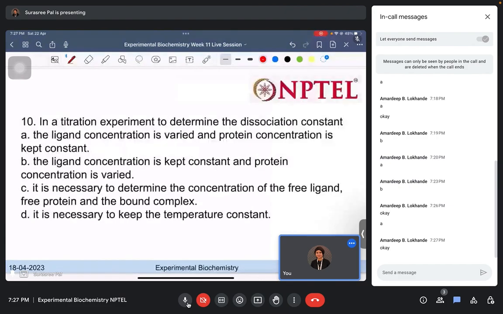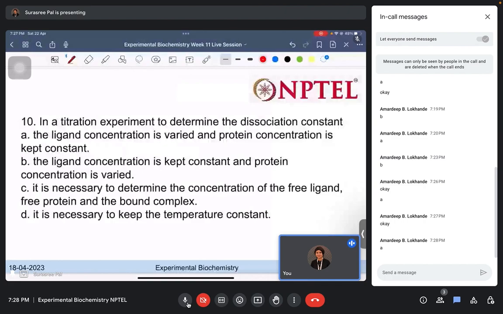Next question. The correct answers are A, B, and D. So the ligand concentration can be varied, the ligand concentration can be kept constant, and the protein concentration can be varied.